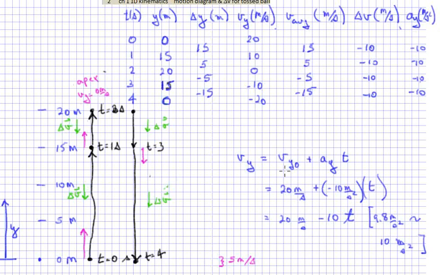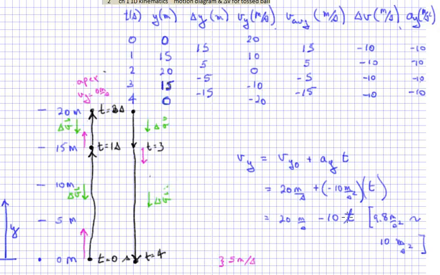This is the equation analog of what I'm doing in the table here. What this says is that my velocity Vy at some time t is equal to the initial velocity plus the acceleration times the time, and my initial velocity is 20 meters per second, as you can see here and here as well.